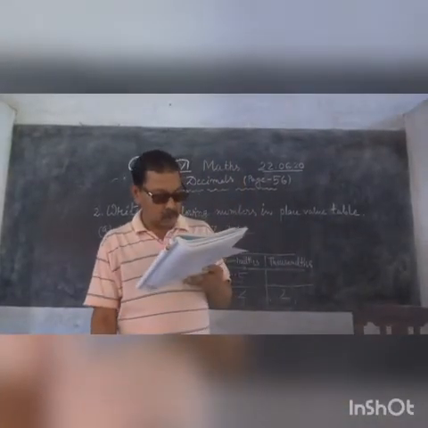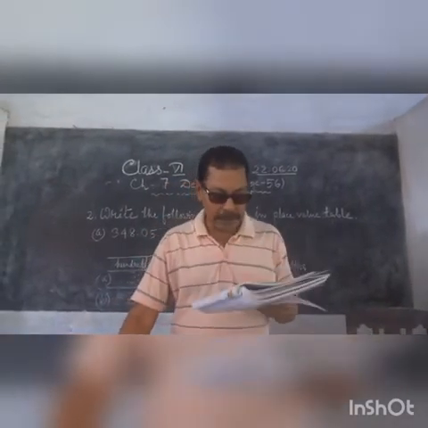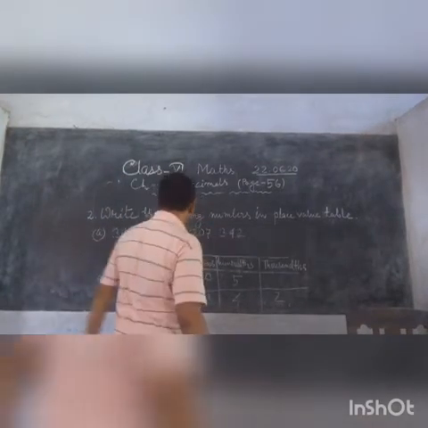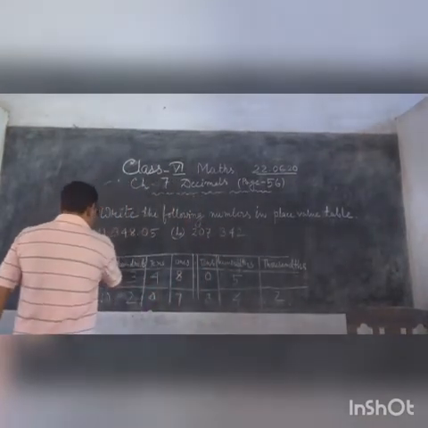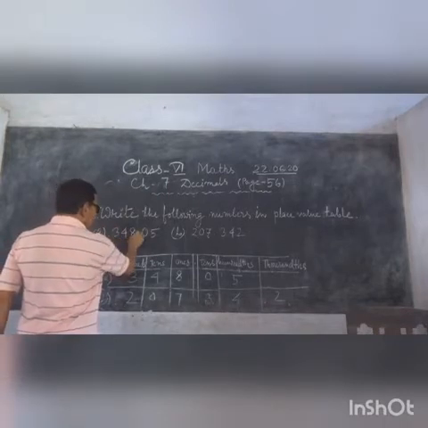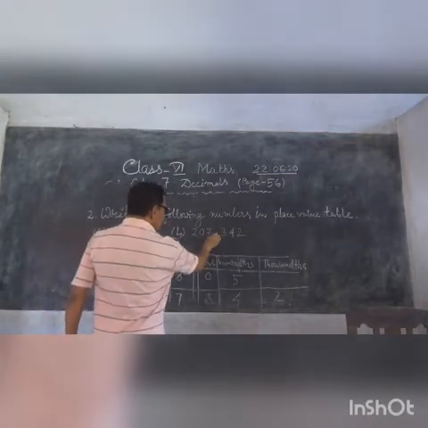Now see question number 2. Write the following numbers in the place value table. So first of all, A, 348.05 and B, 207.342.